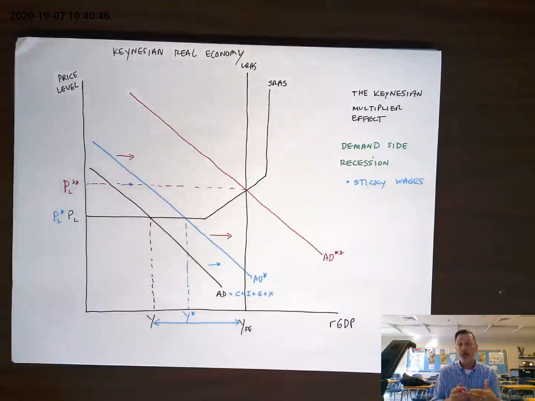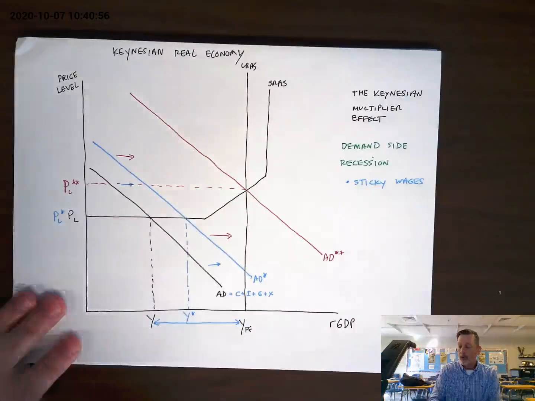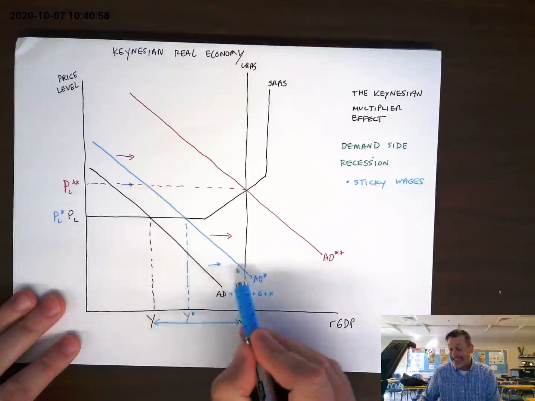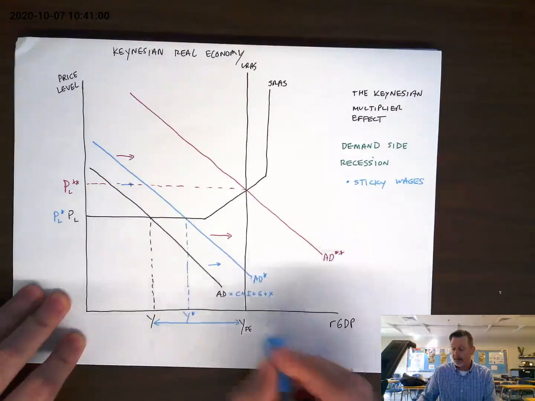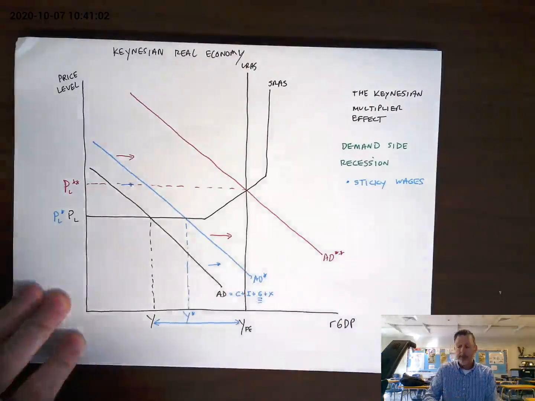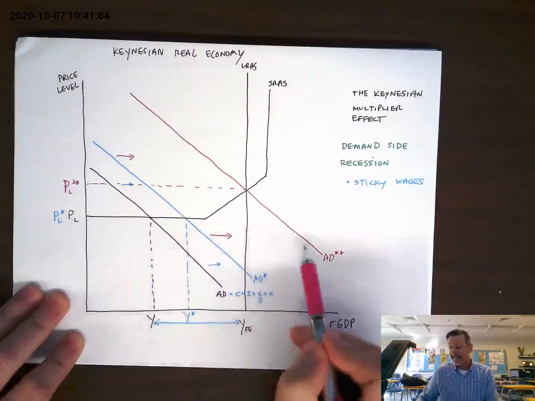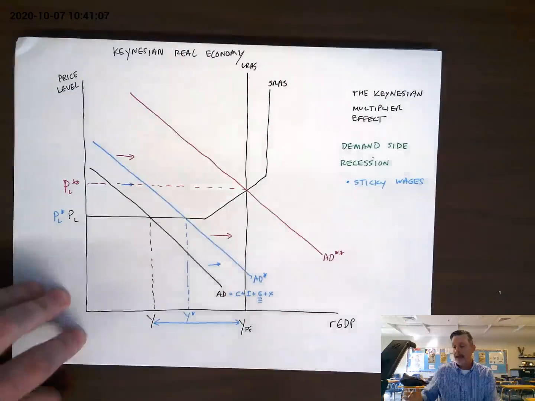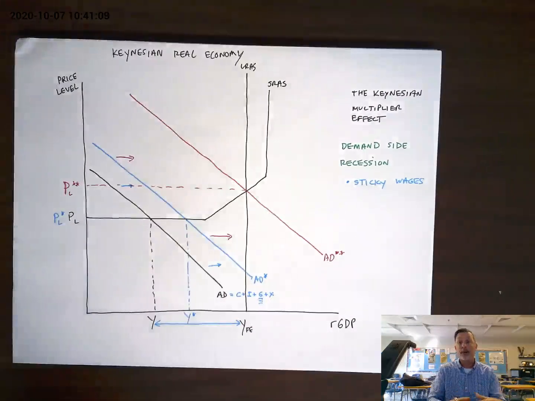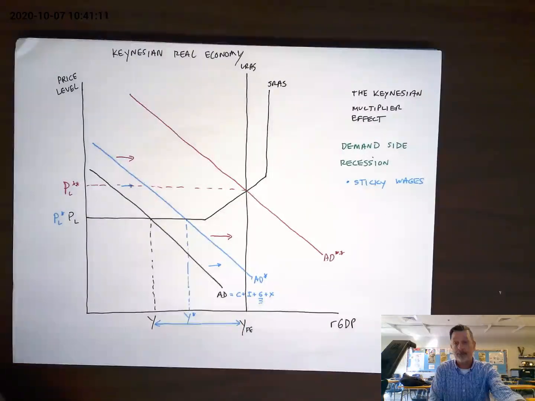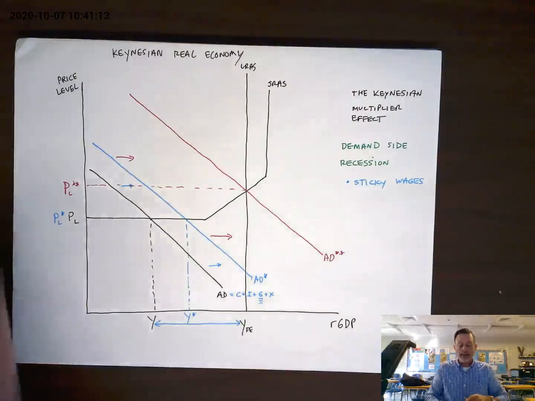That is how you would model the Keynesian multiplier effect, and it always has two shifts of your aggregate demand curve: one representing the initial increase in government spending, and a second increase in aggregate demand that comes from the fact that one person's spending becomes the next person's income. Excellent.